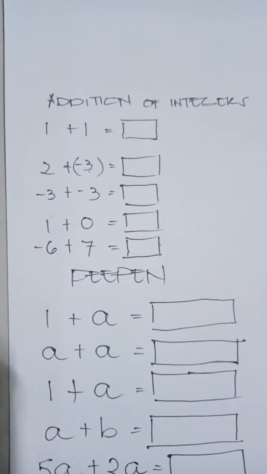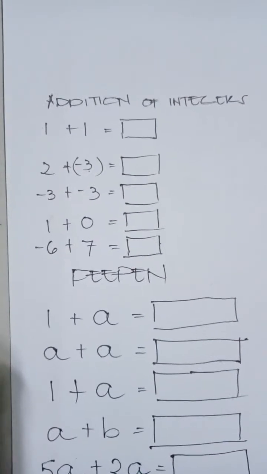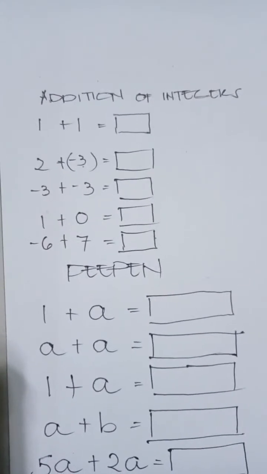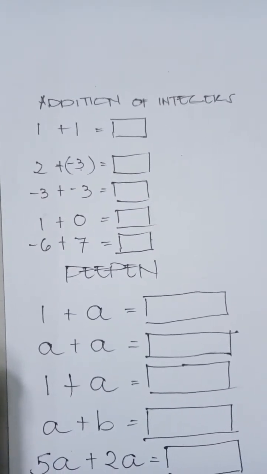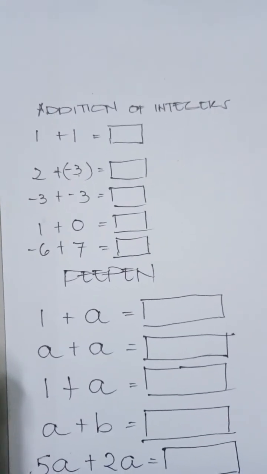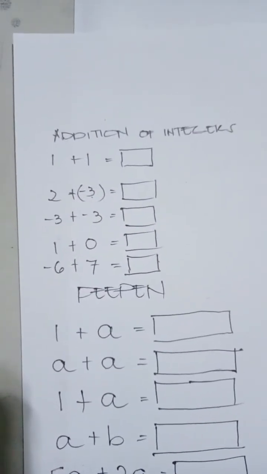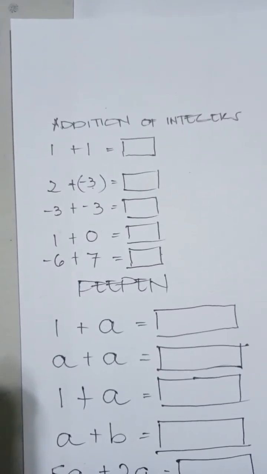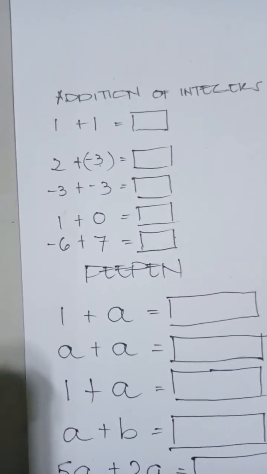So it's all about addition of integers. Most of the time, if you're a student or a learner, the problem is encountered when you are in the higher level, like grade 8, grade 9, or grade 10, because most of the problems have a connection in the higher math.